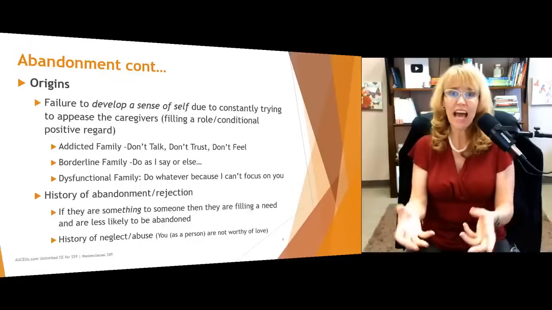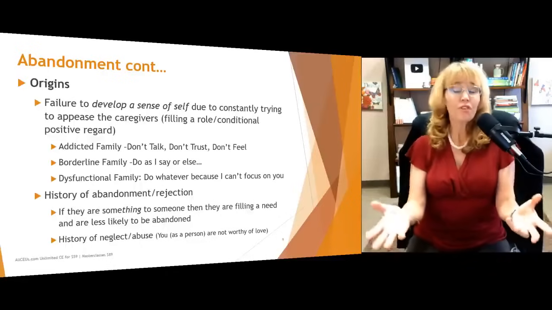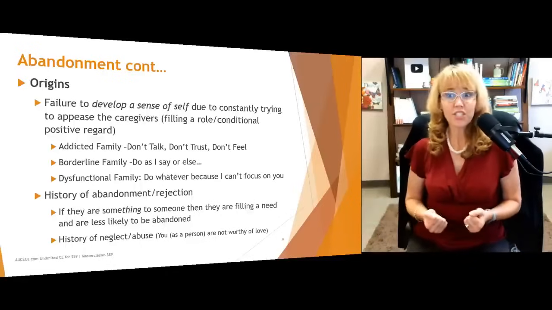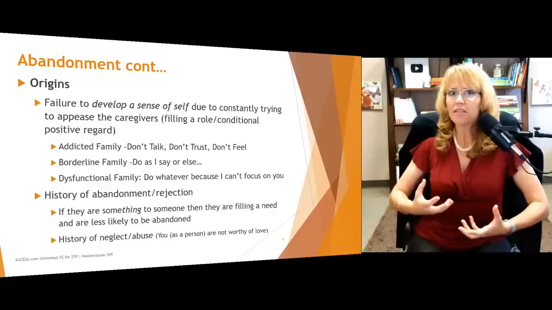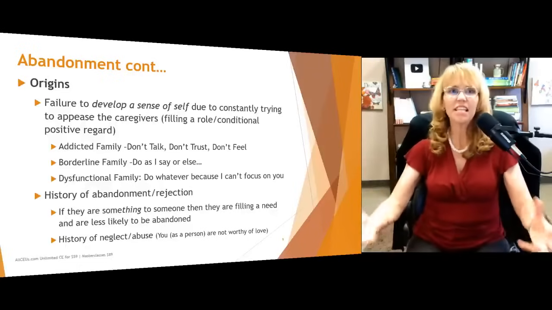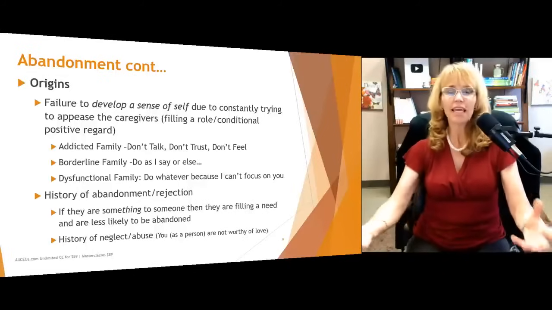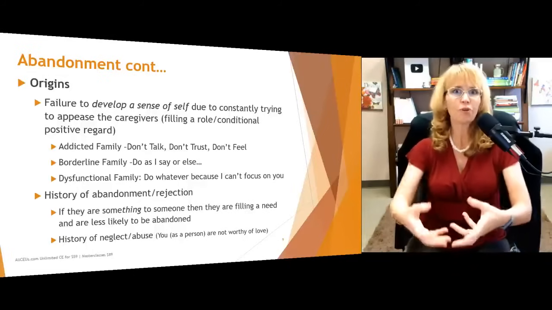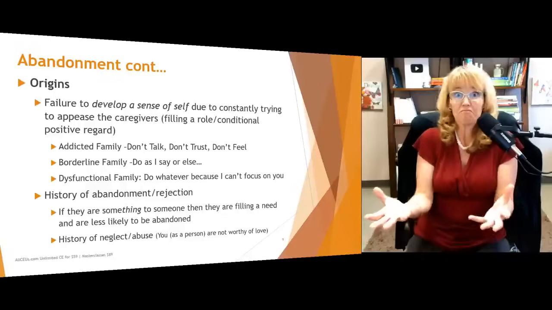Nothing you can do is actually going to be worthy enough to attract my attention. So the child just desperately flailed around trying to figure out, is there something I can do in order to get security, in order to get love, in order to get noticed?